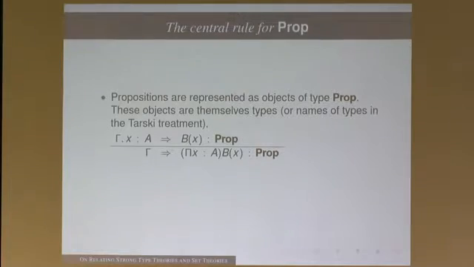So even classically, you would run up against the problem of size, because this A is quite big, and if you do the usual way of representing the product type, it's just not possible to squeeze all of these things into one set, Prop. But there's a trick how you can do it.